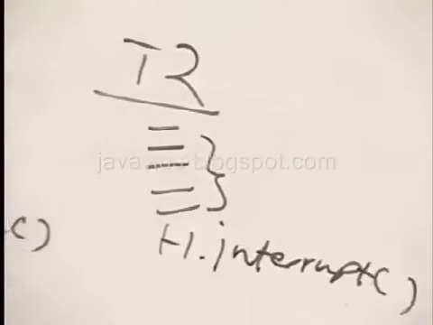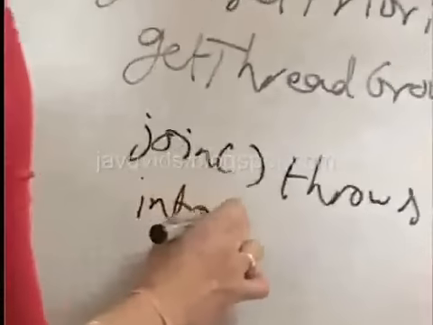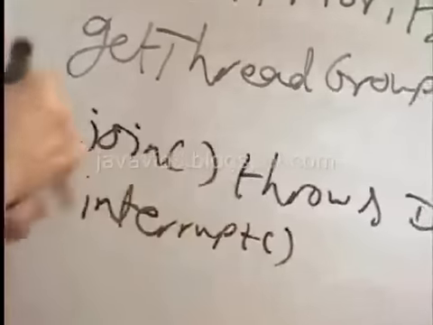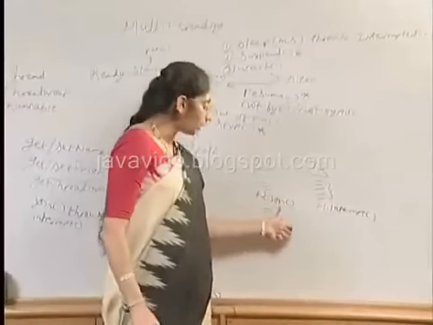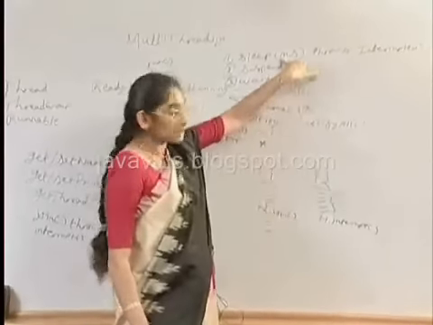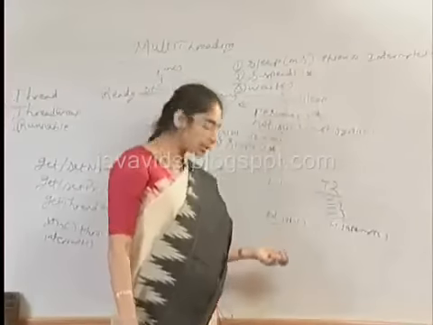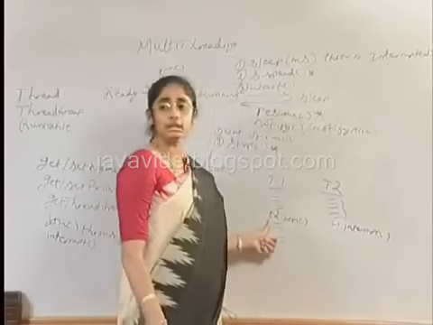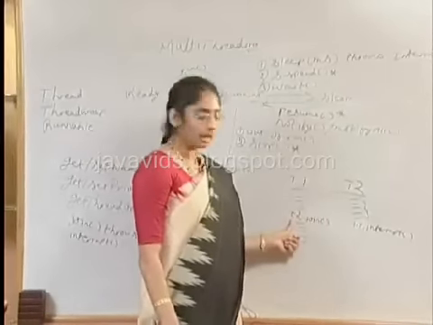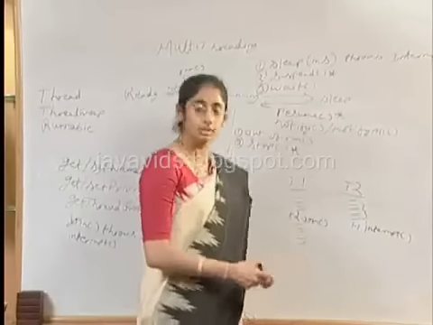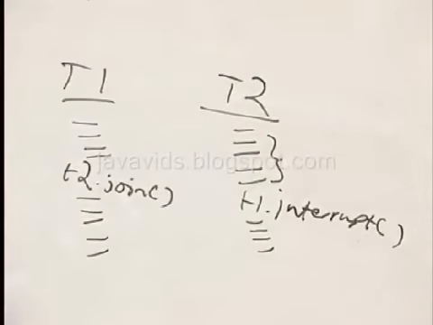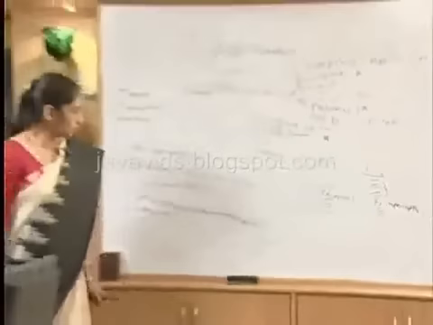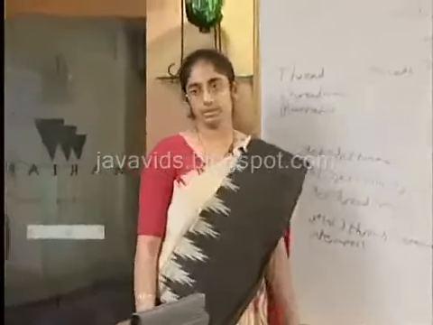So interrupt is a method in the thread class as well. When we call an interrupt method on a thread which has called join or sleep, it throws the InterruptedException and comes out of the join or the sleep state and continues further in its execution. So now thread 1 can continue as well as thread 2 can continue with its action. That's the requirement for join and interrupt methods.